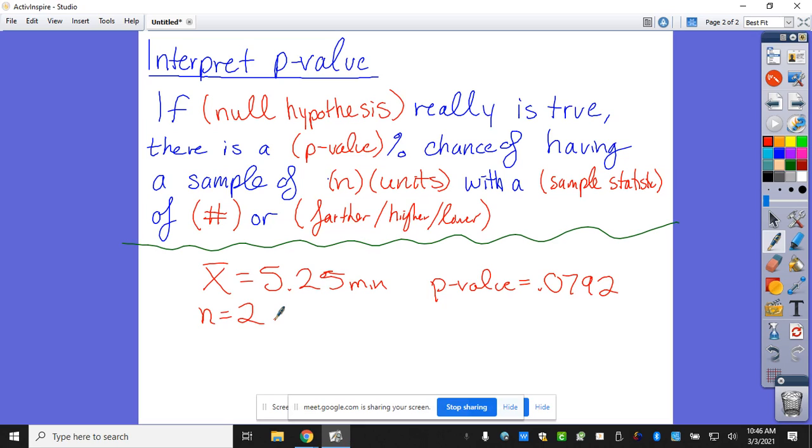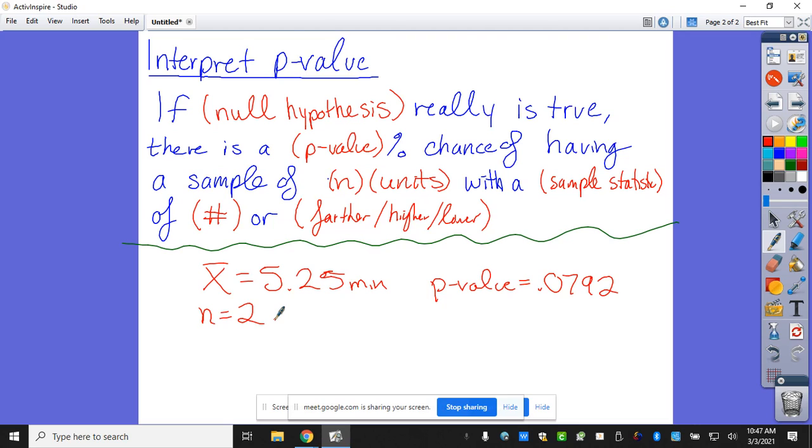So the chance of having a sample of 2 of his runs with a mean of 5.25 or higher is that answer. So if it really was true that he ran a 5-minute mile, there's a 7.92% chance of him having a sample of 2 miles with a mean of 5.25 or higher.